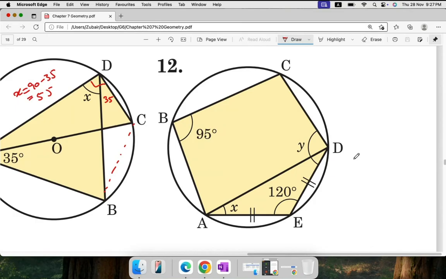Sir, I found x. Okay, what is x? It's 60. Not 60, because we will make 2x. Haris, go on. So we'll do 2x and then divide 120 by 2. This is x plus x plus 120 is equal to 180, because that's isosceles. So 2x is equal to 60, x is equal to 30.